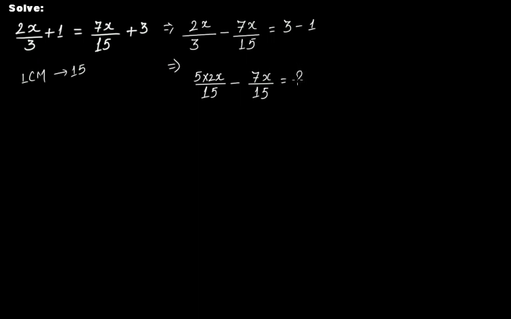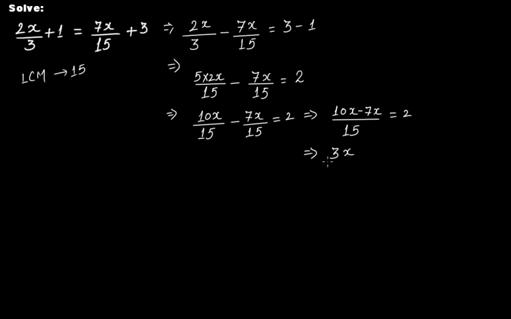This is 10x divided by 15 minus 7x divided by 15 is equal to 2 by 15. This is 10x minus 7x. You get 3x by 15 is equal to 2.